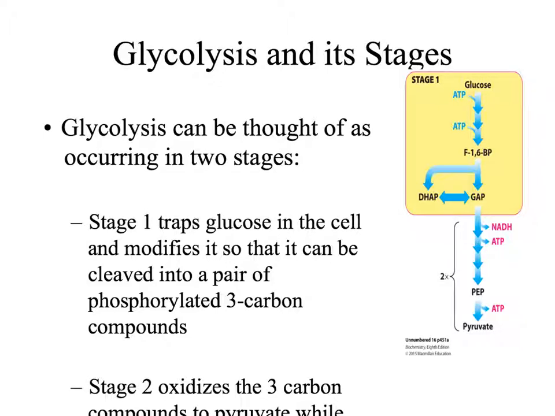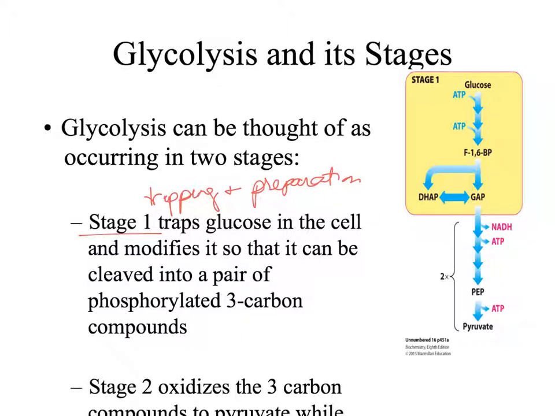And stage 1 is the trapping and preparation stage. So it traps glucose in the cell and it modifies it so that it can be cleaved into a pair of phosphorylated 3-carbon compounds.